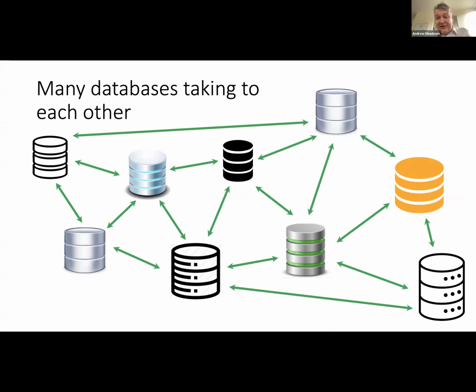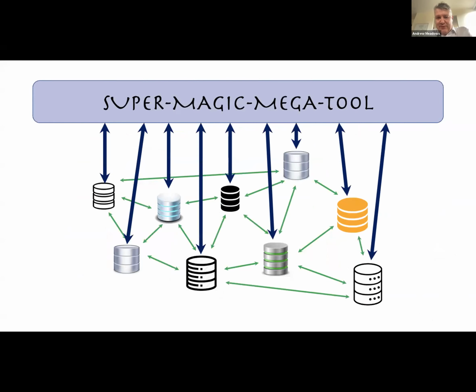That obviously allows for databases to talk to each other, to exploit each other's data, which is all very good. But it also, and here I want to introduce a technical term, creates the possibility for the super magic mega tool, the thing that can exploit all of that data to really begin to collect and use the contents of all these databases. And in what follows my presentation, we'll be seeing some examples of these super magic mega tools.